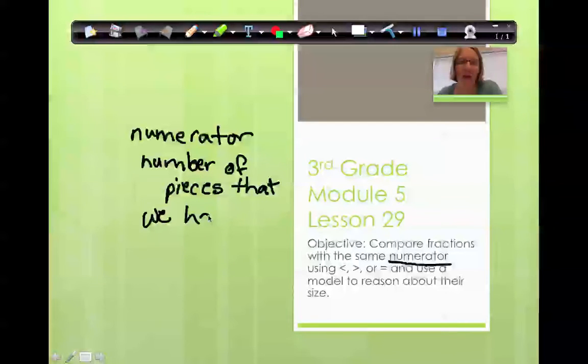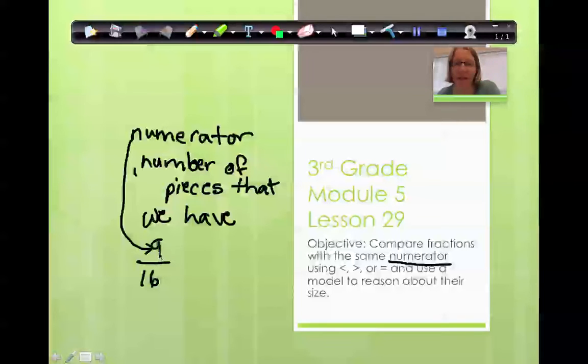So for instance, if the fraction is 9/16, the numerator is 9 because we have 9/16 pieces, okay? 16th is the number of pieces that my whole is cut into, but I only have 9, so that's the number of pieces that I have. Okay? Just to remember about that.